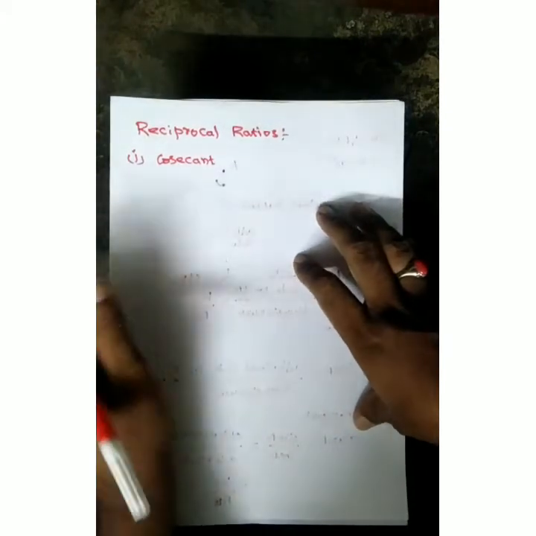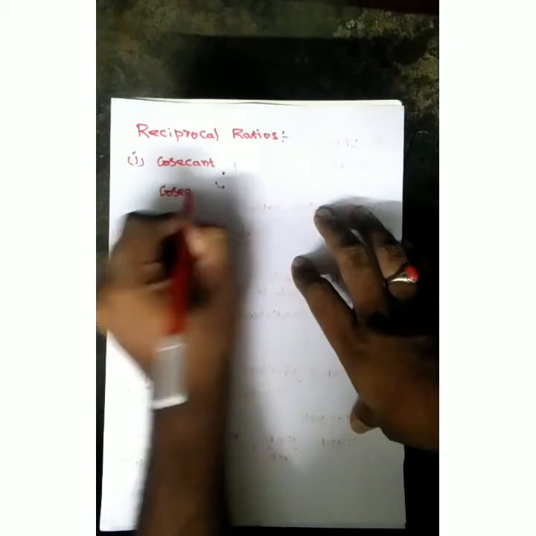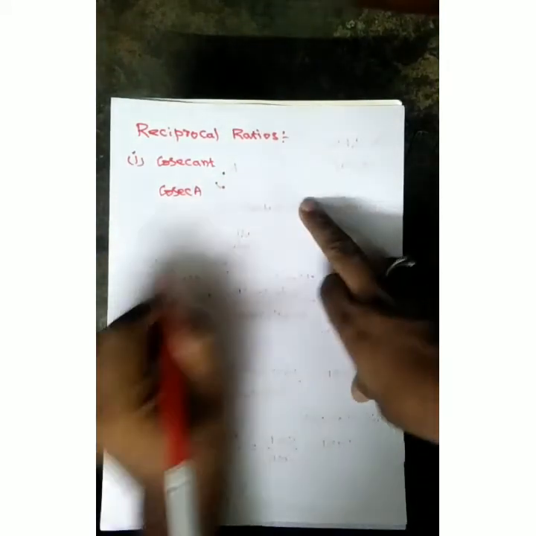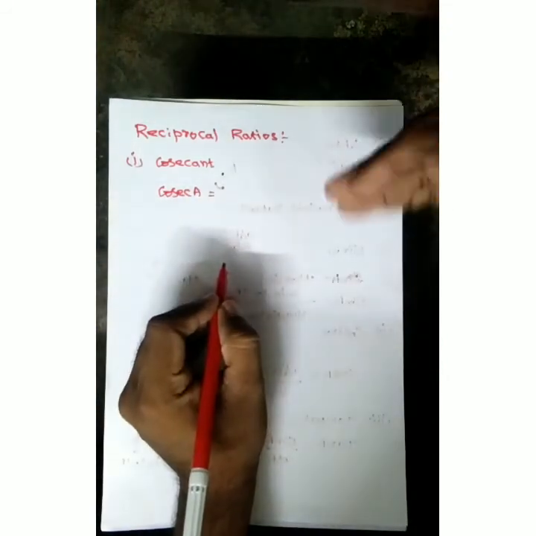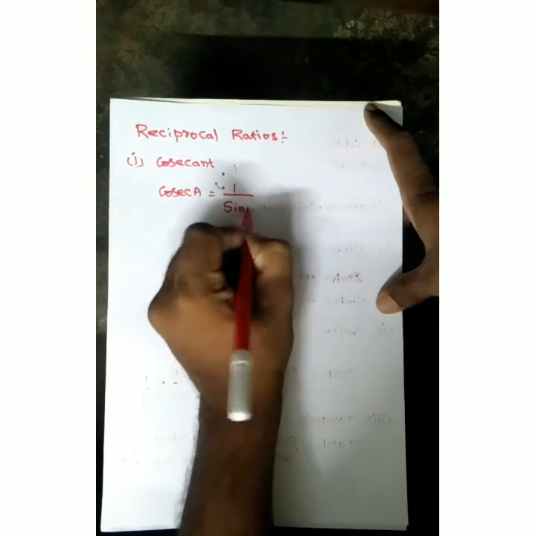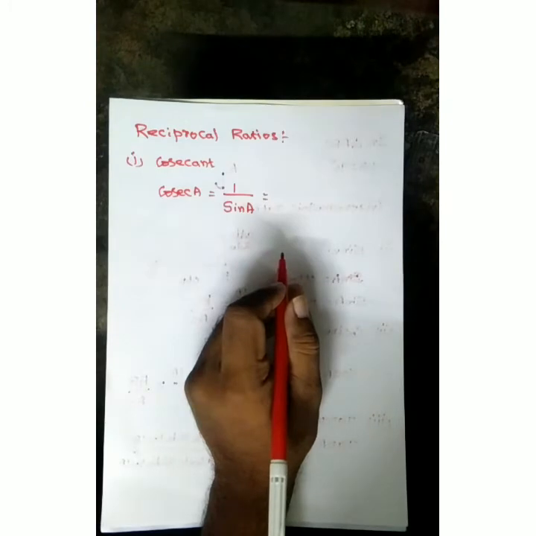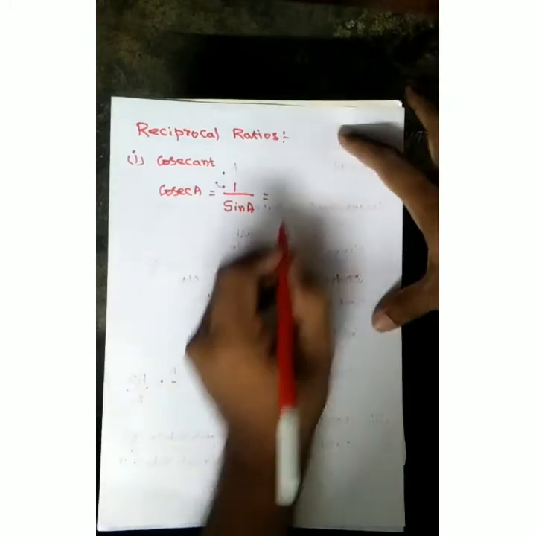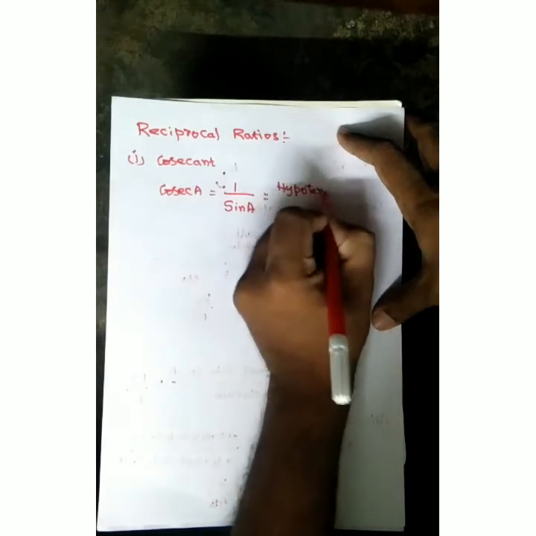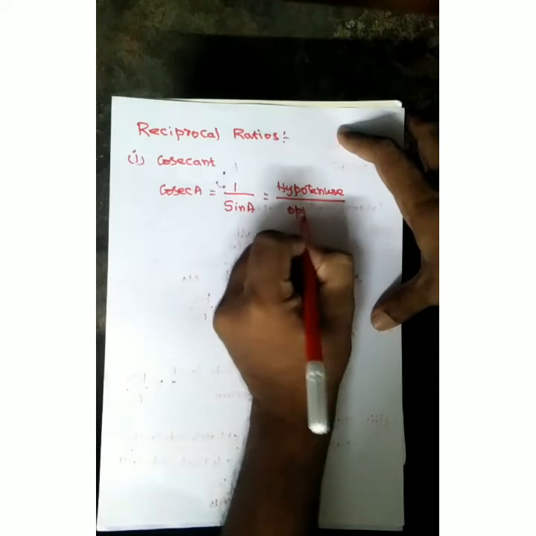The full name is cosecant; in shortcut we write cosec A. It is the reciprocal of sine, that is 1 by sin A. Sine means opposite side by hypotenuse, so cosec is the reverse: hypotenuse by opposite side.